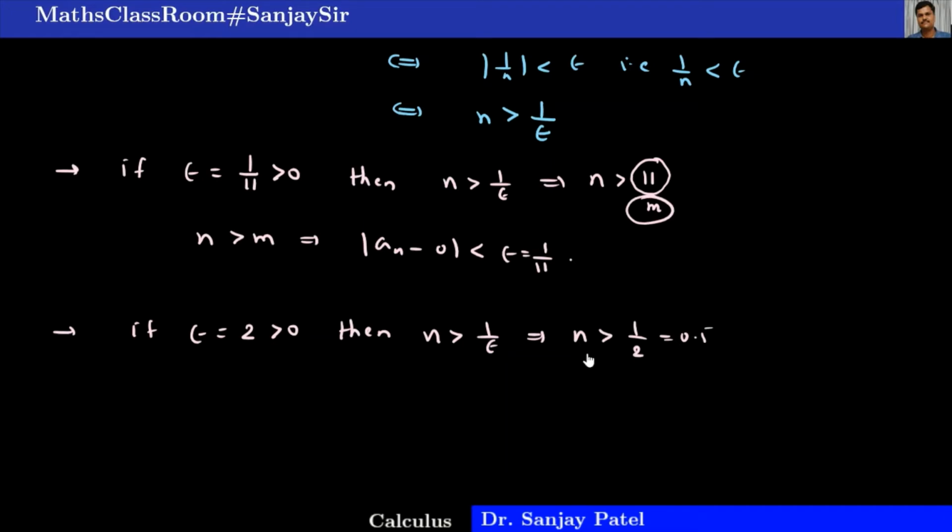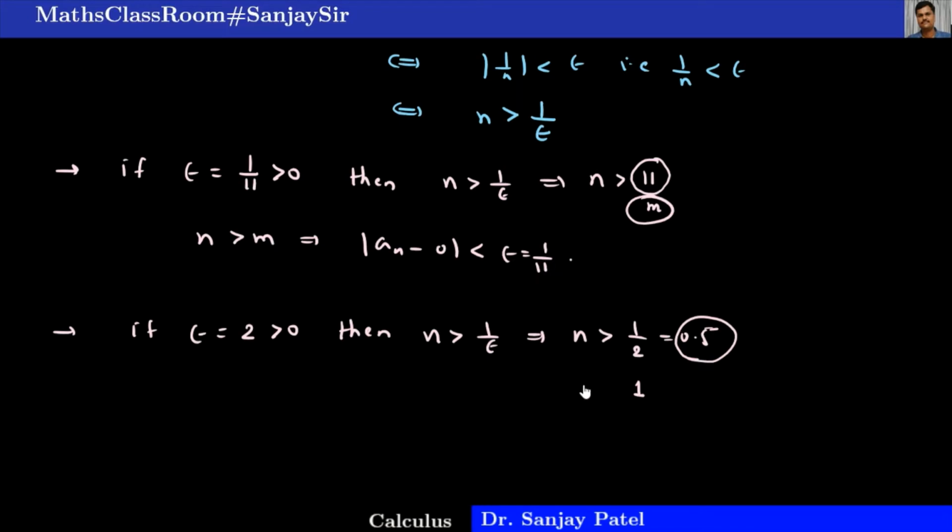So the term number n must be greater than this real number 0.5. What I want is a term number which is an integer, so I cannot take 0.5 as my term number. I must choose some integer greater than 0.5, so I will choose the first natural number after 0.5, which is the positive integer 1.